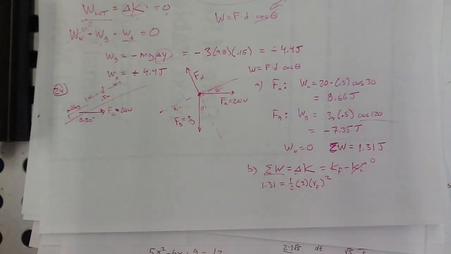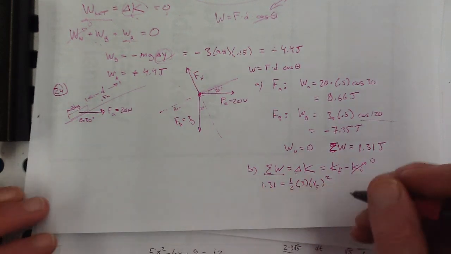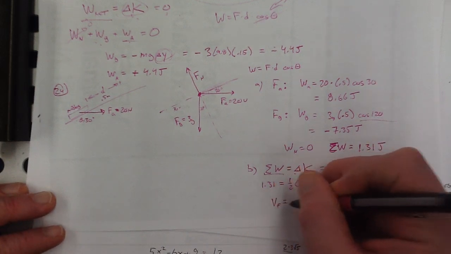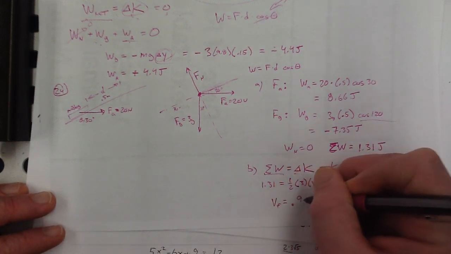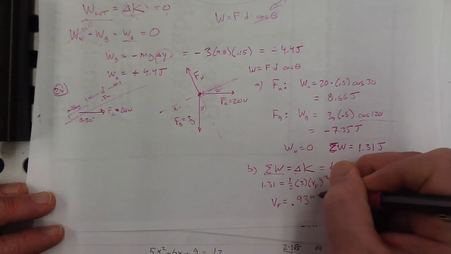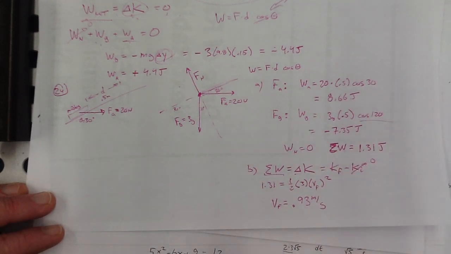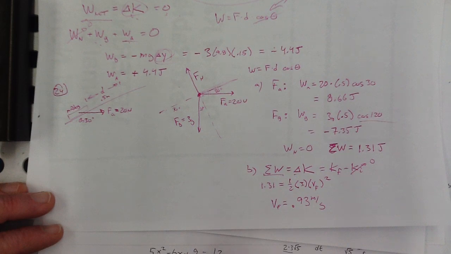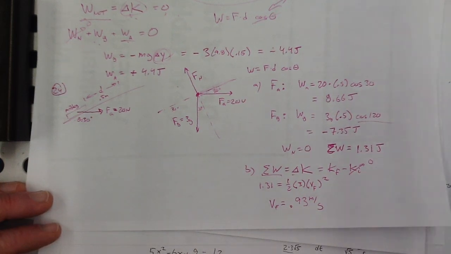So let's math ourselves into an answer. I'm looking at about 0.93 meters per second. All right, good. No free pizza.